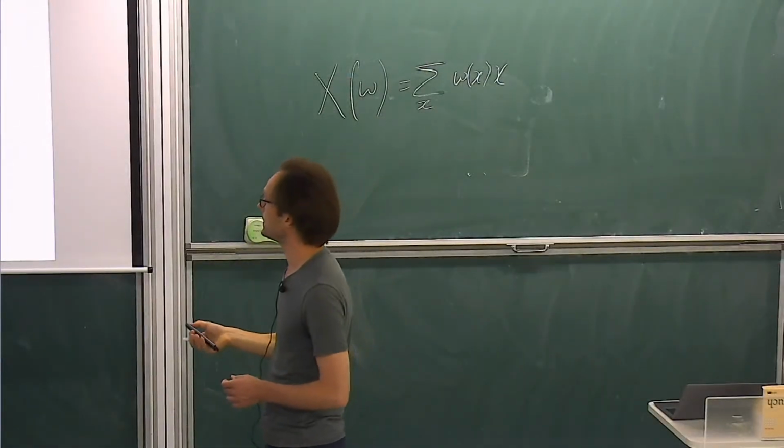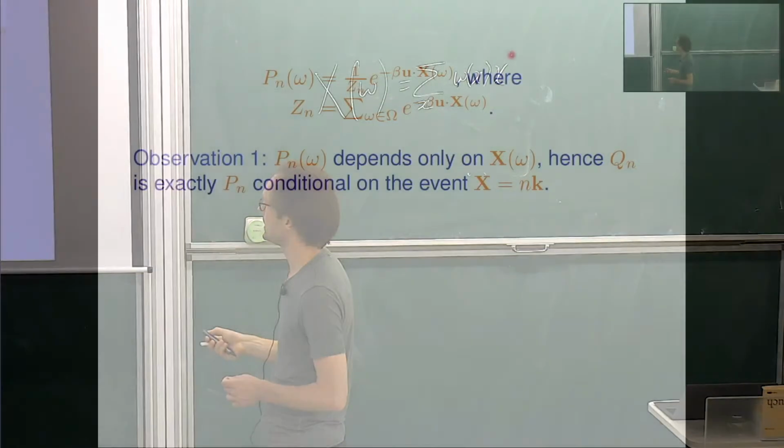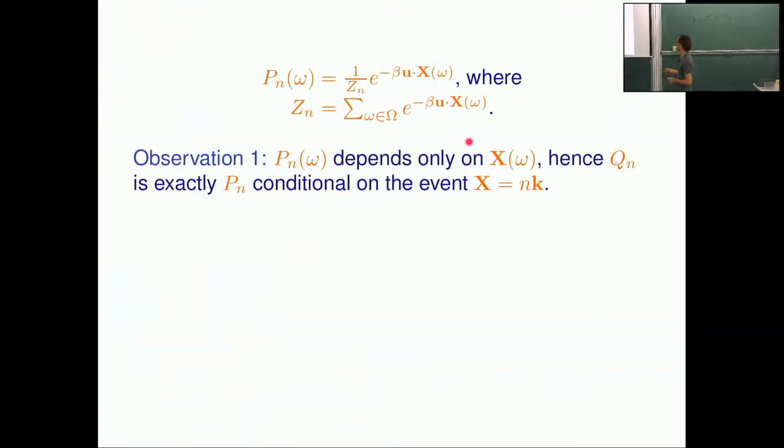One good feature of this is that the probability of choosing a given function depends only on the endpoint, because z of n, this normalizing constant out front, is always the same. So the only place that omega shows up in this equation is as the argument of x of omega.